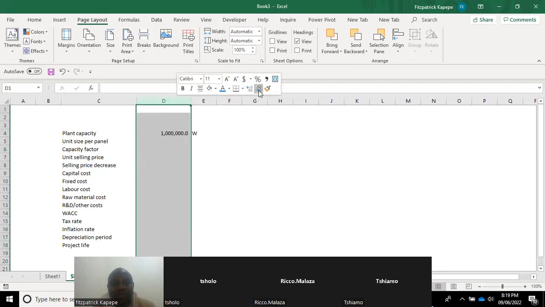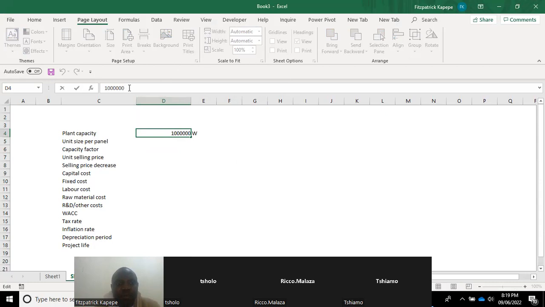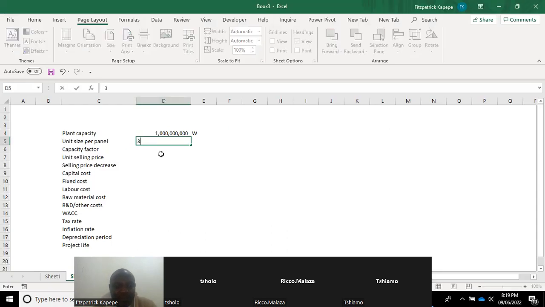It will be 9 zeros. It's 1 billion. Sorry, 1 billion. Why am I saying 9? 1 billion. Okay, so let me just get it right. First, if we leave it like this, this is the megawatts. Then if we multiply by a million, like this. Yes, that's clear.